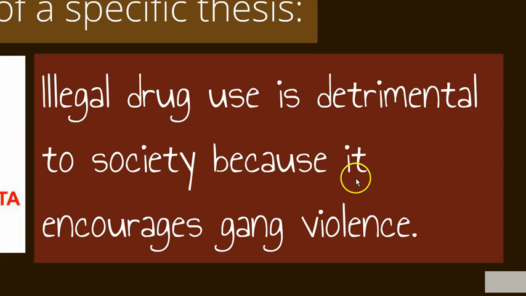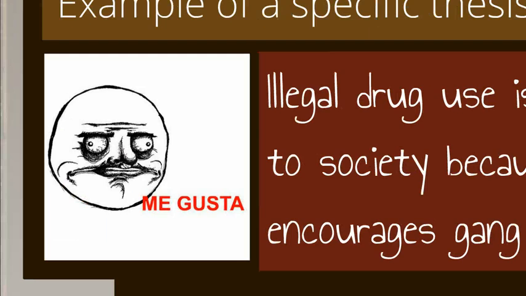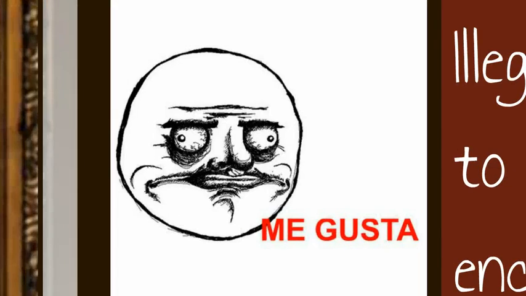We're not trying to say every reason why illegal drug use is bad, but we're saying one specific thing. That is, it encourages gang violence. That is a specific thesis statement. If I was reading this essay or writing this essay, I would have no doubt of the point I am trying to prove. And all I would need to worry about is providing evidence to support that idea. That's what we're going for with thesis statements.